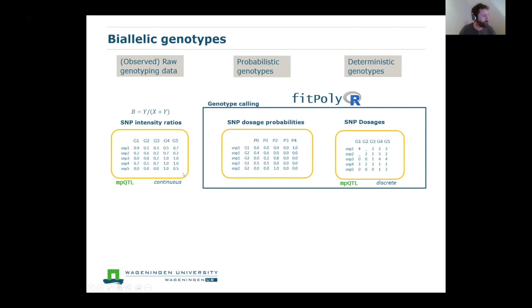Like in the first case here, for example, using SNP intensities from a SNP array. In this case, the input is very simple because you have SNPs in the rows and individuals in the columns, and this ratio is indicating the contribution of one allele to the total.